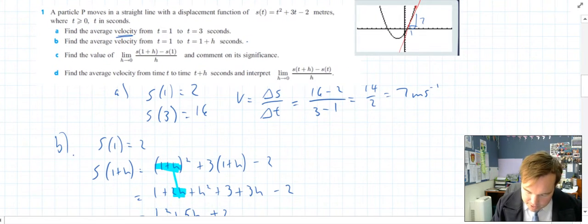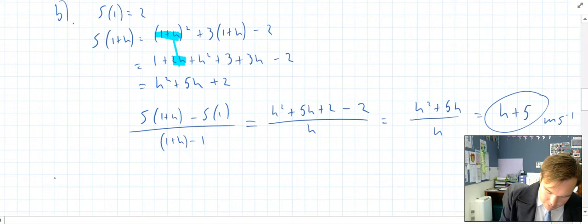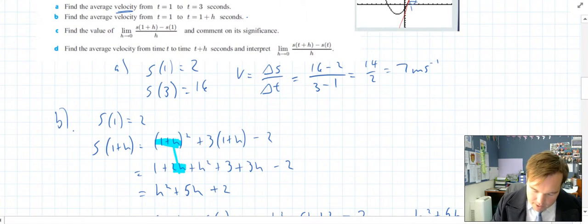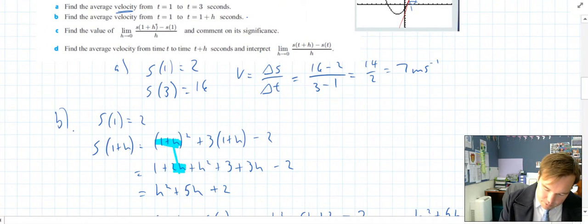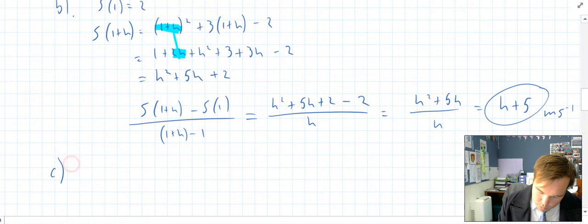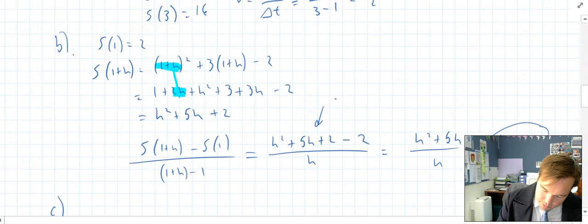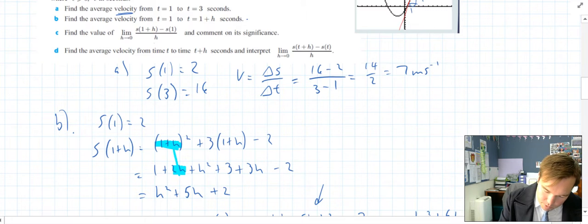And if it feels like a first principles problem, that's because it is. Because the second part, in C, asks us exactly the same question. S of 1 plus h, take s of 1 over h, and that's what's happened here. But here in part C, we're looking at what happens as the limit of h tends towards 0.